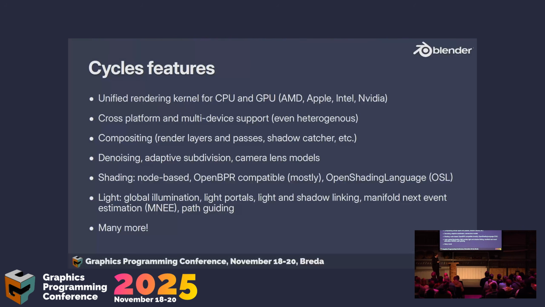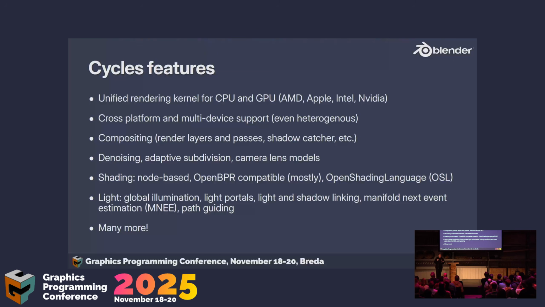Cycles supports a lot of features. One of them, which is less user-facing but interesting for today's conference, is that it has a unified kernel, which runs on CPU and all the major GPU vendors as of today. It supports cross-platform execution, and execution on multiple devices, including heterogeneous environments. You can even do CPU plus GPU rendering, or mix GPUs from different vendors. It supports a lot of compositing features, mainly render layers, render passes, all sorts of jazz.